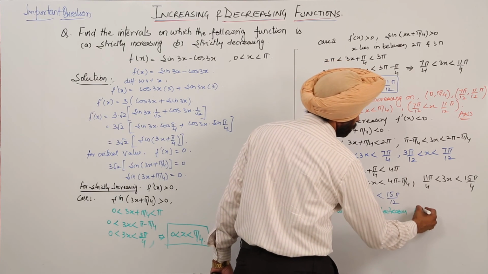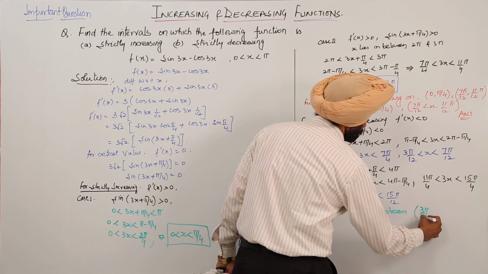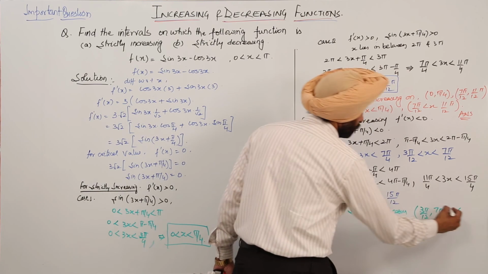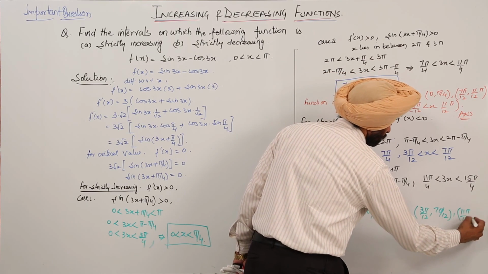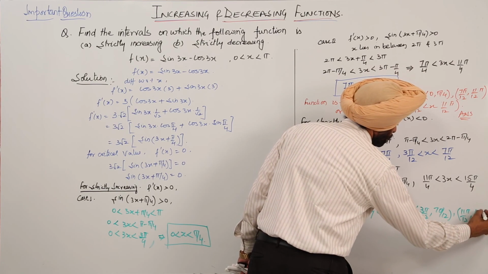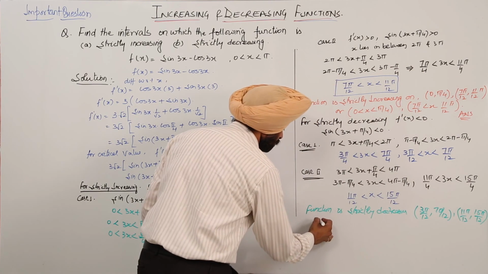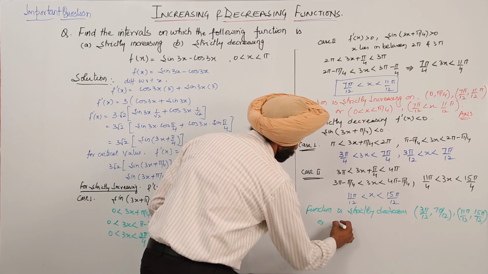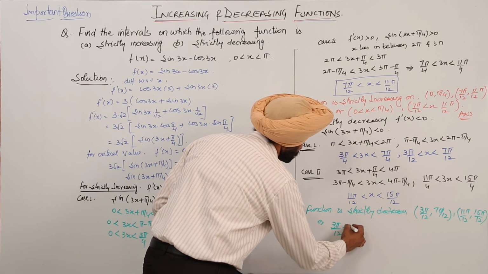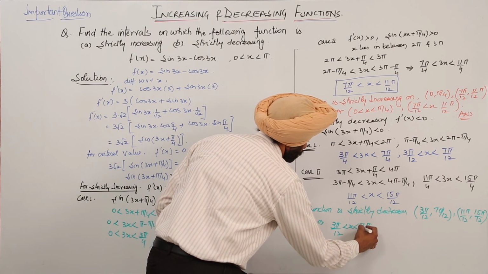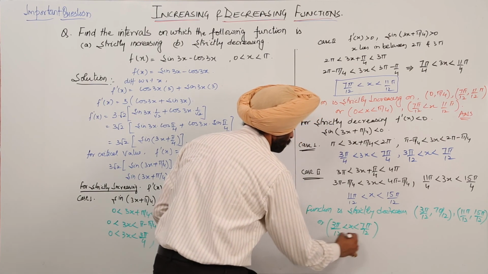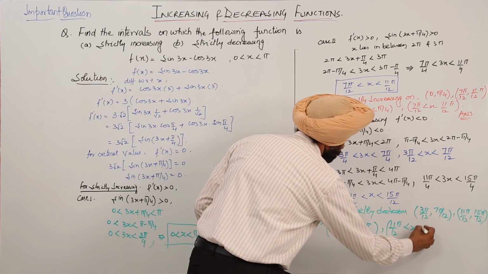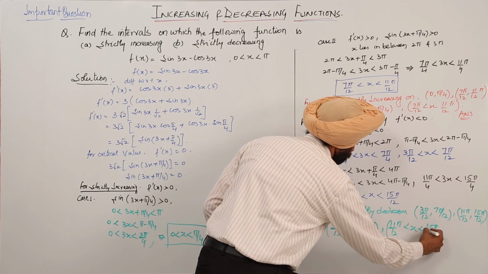It can be 3 pi by 12 to 7 pi by 12 and 11 pi by 12 to 15 pi by 12, or we can write it as 3 pi by 12 is less than x is less than 7 pi by 12 and 11 pi by 12 is less than x is less than 15 pi by 12.